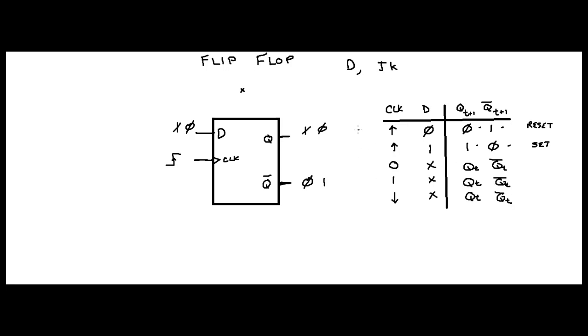So the clock has to have a positive going edge for it to clock D through. Got it? On this specific flip-flop that we just talked about.